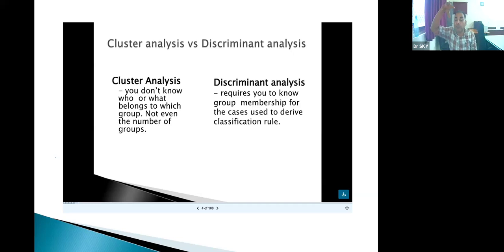It means the number of clusters is known in advance in discriminant analysis, while in cluster analysis we don't know how many clusters will be formed. We see on the basis of the similarity among the objects under consideration.